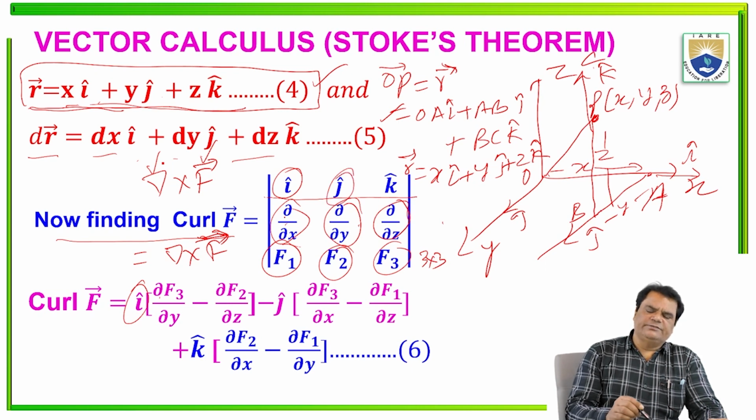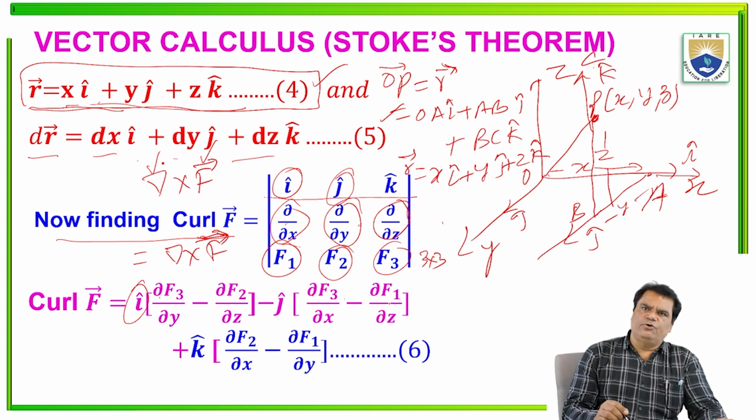Second is minus j: the first row and second column cancel and we cross multiply: dou over dou x of f3 minus dou over dou z of f1. Plus k: the last, the first row and third column again cancel and we cross multiply: dou over dou x of f2 minus dou over dou y of f1.